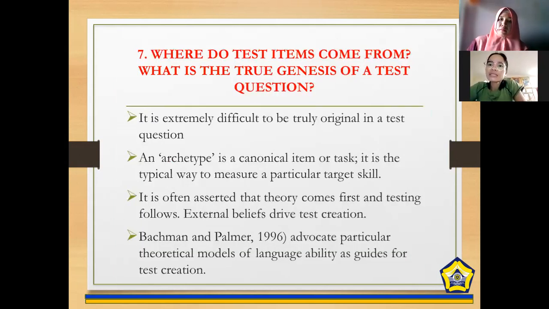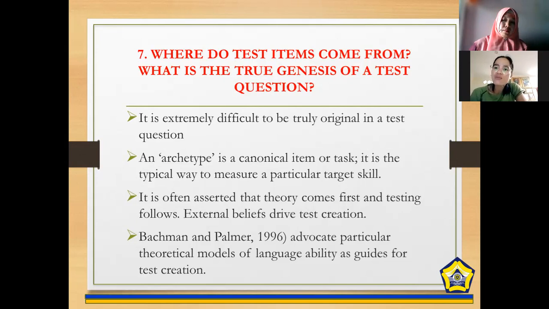Number 7 is where do the test items come from, and what is the genesis of the test question? It is extremely difficult to be truly original in a test question. An archetype is a canonical item or task, the typical way to measure a particular target skill.